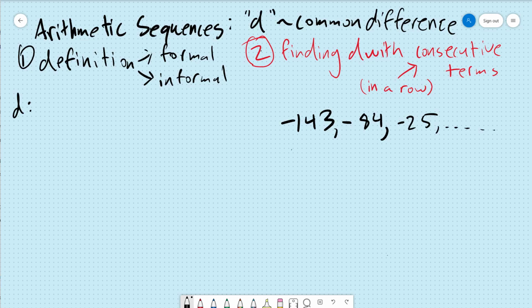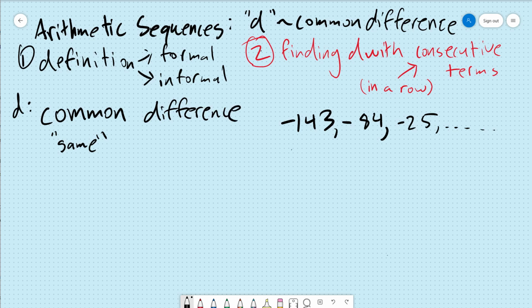Alright, this is going to be my video on D, the common difference in an arithmetic sequence. And that is exactly going to be my formal definition of D. It is going to be the common, which means the same, difference, which is a word we've seen in subtraction, in an arithmetic sequence.